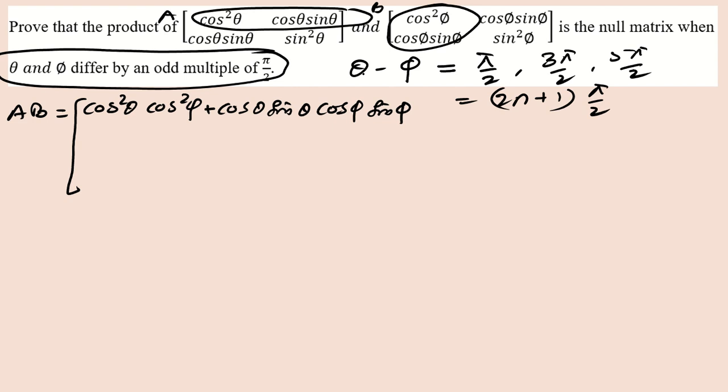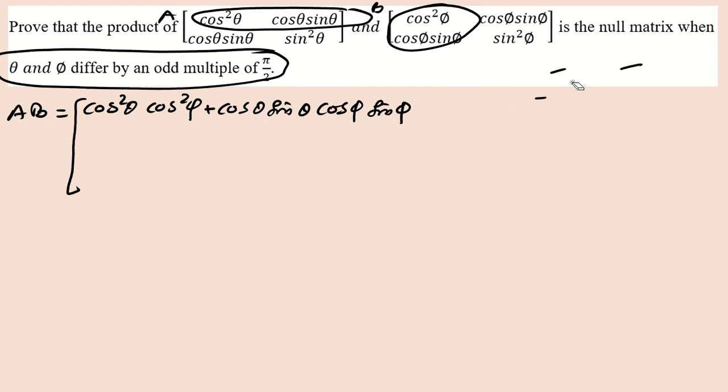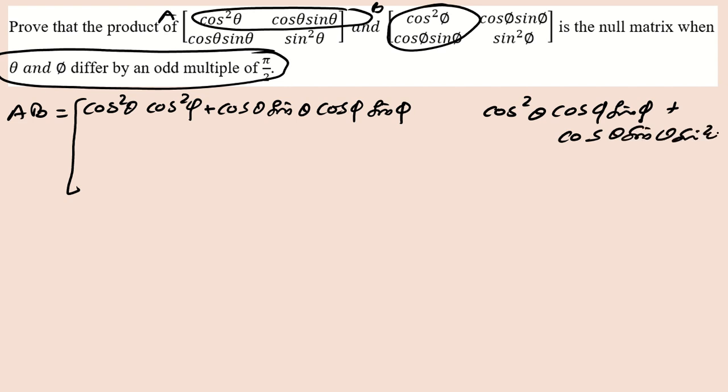Okay, it is just multiplication, nothing else, just the numbers are big, it is a trigonometrical expression, so that's why it is looking very lengthy. Now first row second column, so it will be cos square theta, cos phi, sin phi, and then plus cos theta, sin theta, and sin square phi.